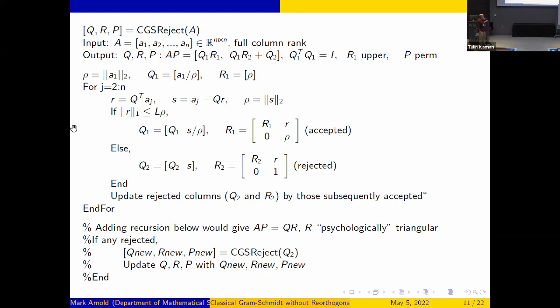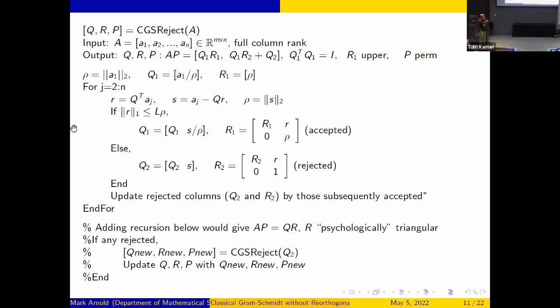And here I do the jth classical Gram-Schmidt step. And here's where we ask, should we reorthogonalize or not? And instead of reorthogonalizing, we're just going to switch to a new block. In my code, L is set to 1.